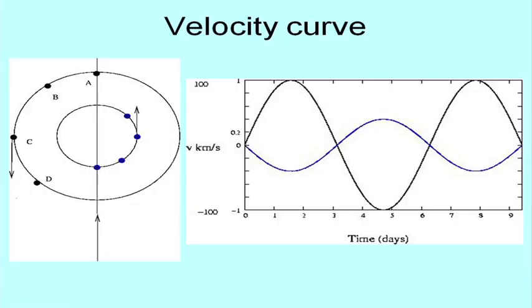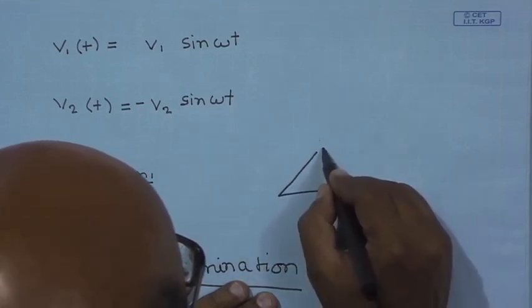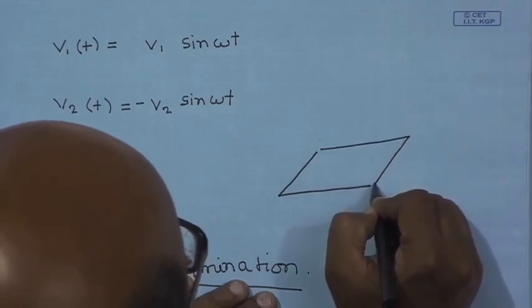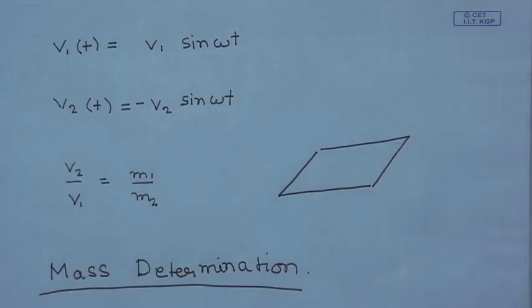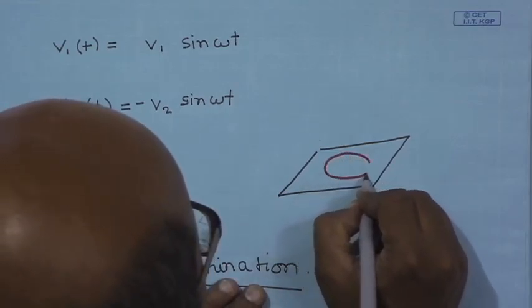Now, the first thing that we need to consider is the possibility that the observer is not located in the plane of the orbit, that the inclination angle need not be 90. If the inclination angle is I, let me draw the picture. This is the plane of the orbit, and these are the circular orbits that we have been talking about.